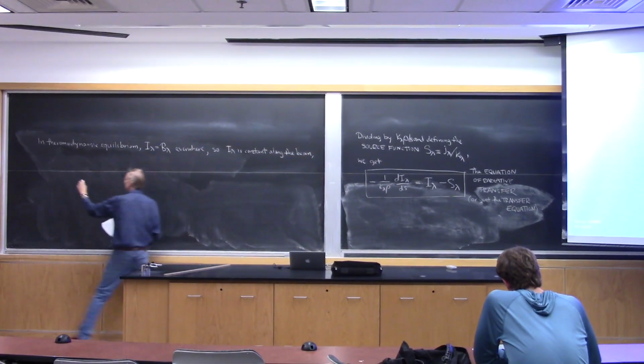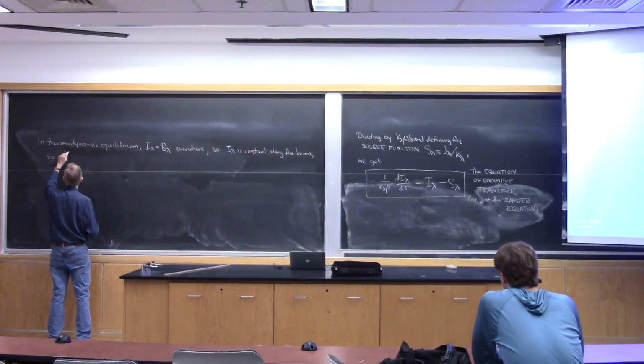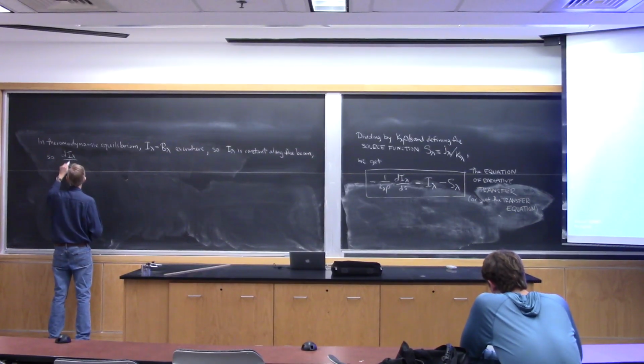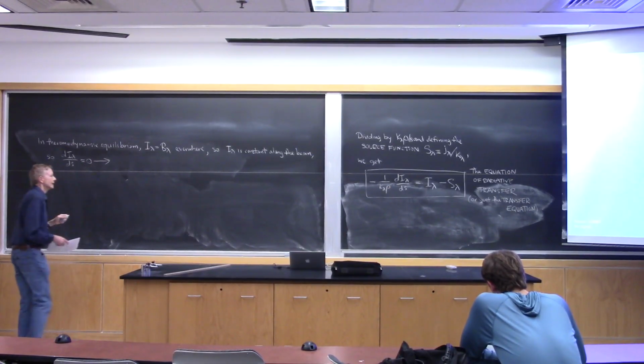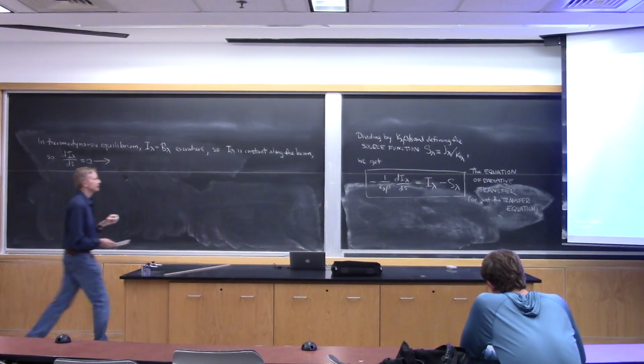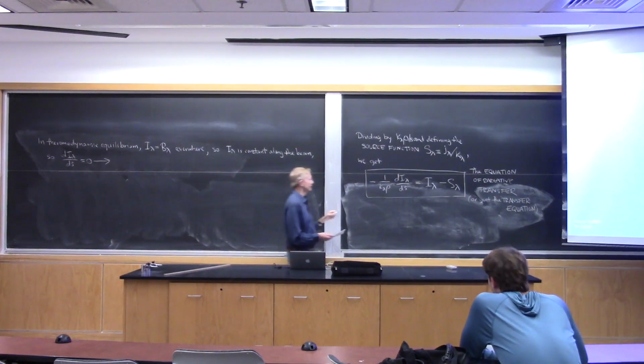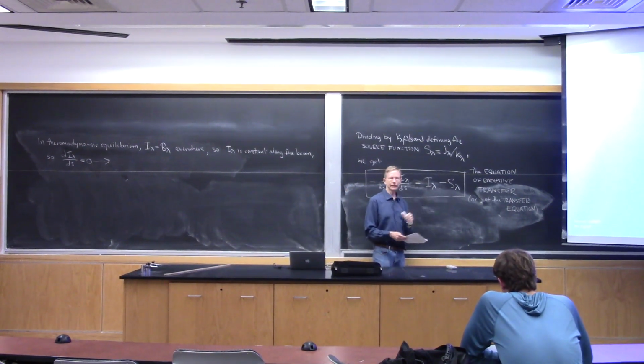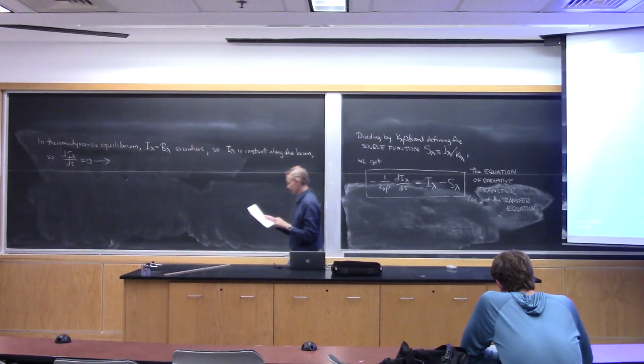So di lambda ds is equal to 0, and for that to be the case, the right-hand side must be equal to 0.